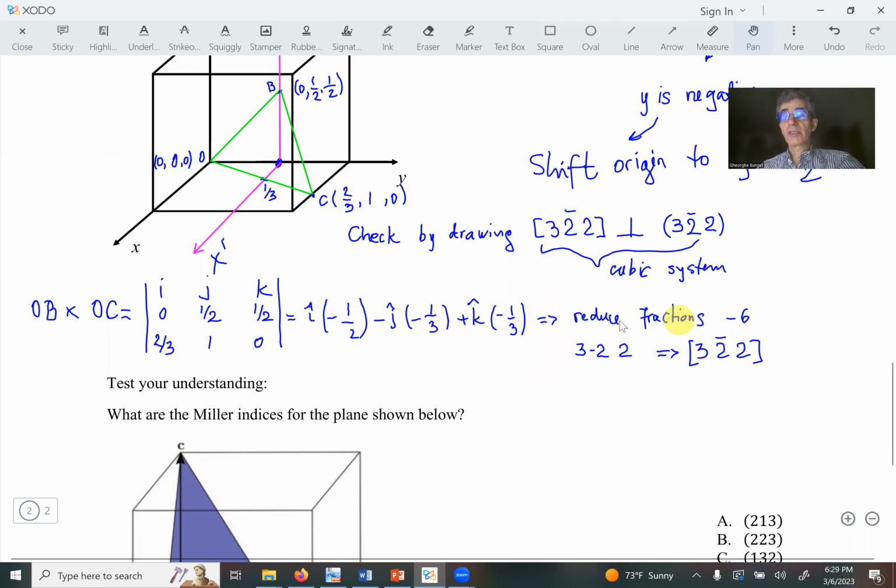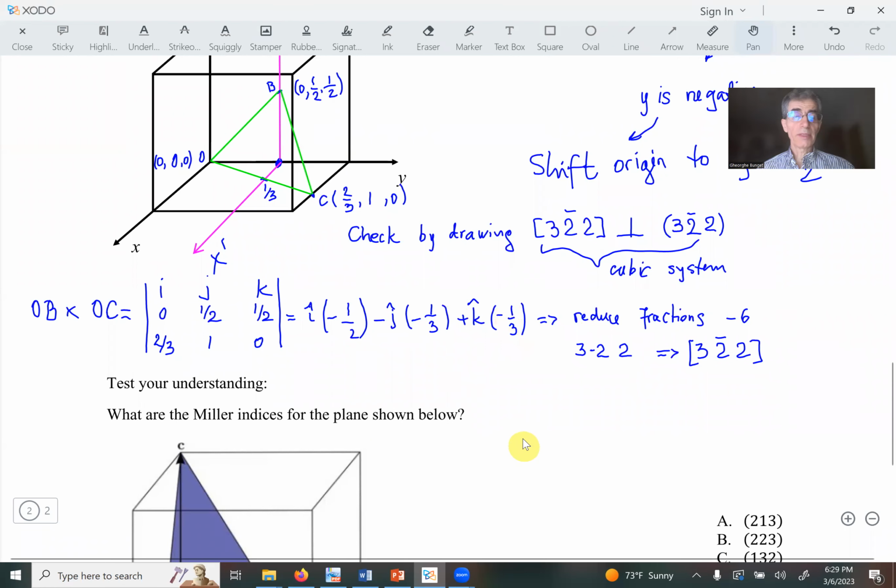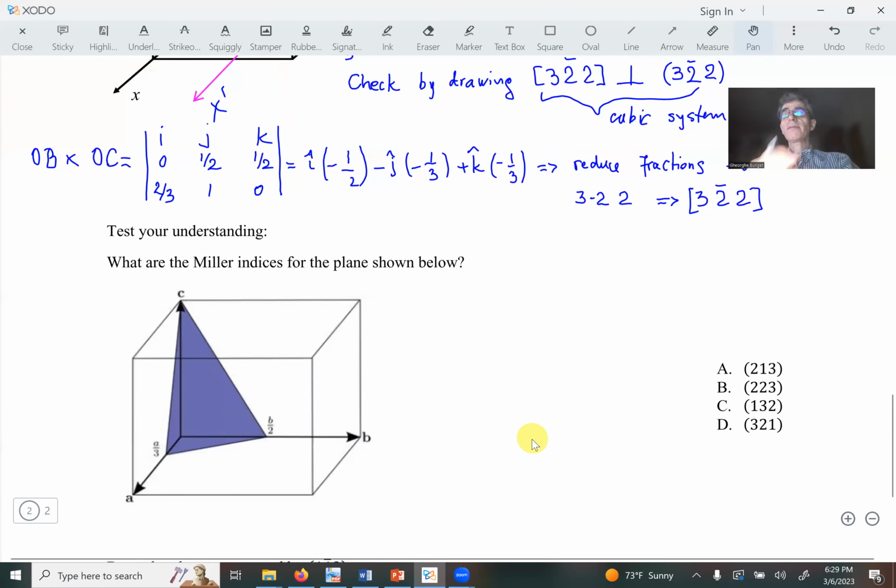So I can use as a common factor minus 6 instead of plus 6. In that case, I will end up with 3, minus 2, and 2, which we put there. So we get the same Miller indices for the plane. If I had made a mistake, I would not get the same Miller indices.